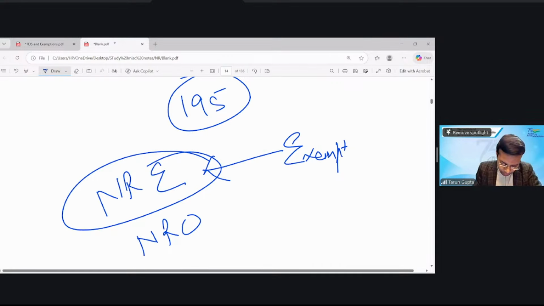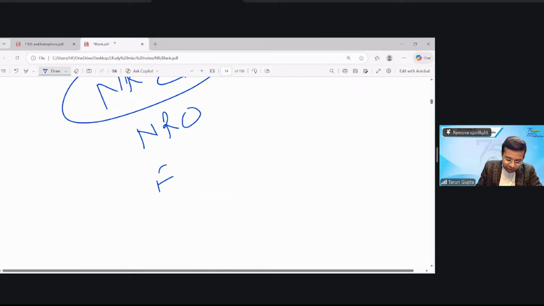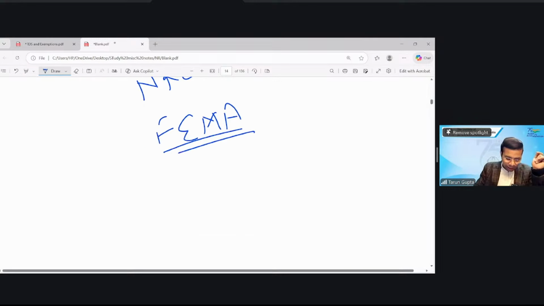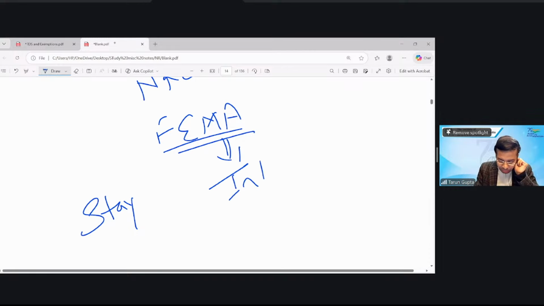Now what is this? See, FEMA, the Foreign Exchange Management Act, also gives a definition of resident and non-resident. But unlike the Income Tax Act, which focuses on the stay, the number of days the person stayed in India, while deciding whether a person is resident or non-resident, the FEMA focuses on the intention.